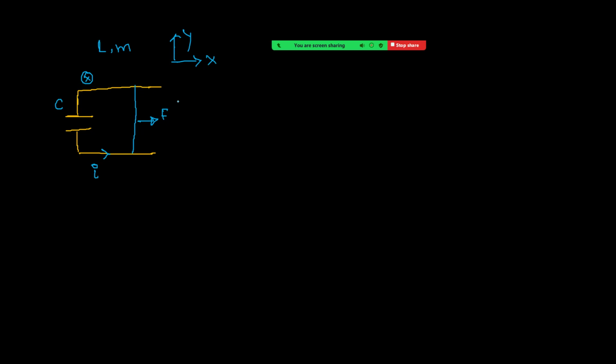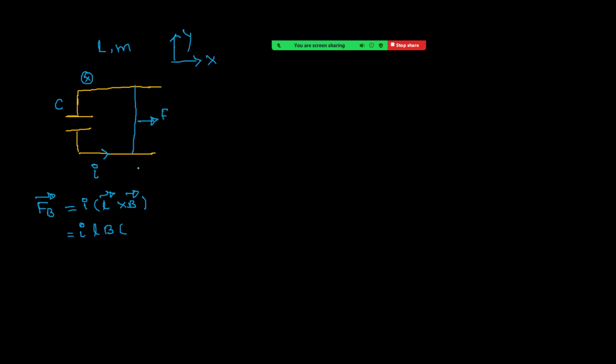Then first of all, focus on the direction of the magnetic force. Magnetic force is I into L bar cross B bar. Because if you know this magnetic force, then we can get the net force, and from that we can calculate the acceleration, right? So the magnitude is I into L into B. Focus now on the direction part: L bar cross B bar.